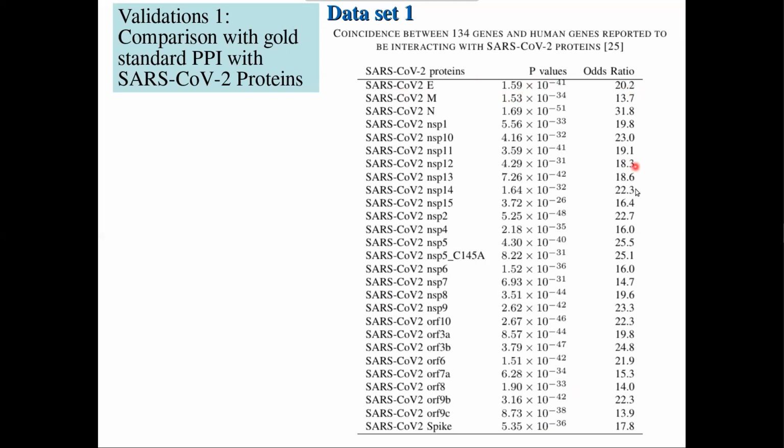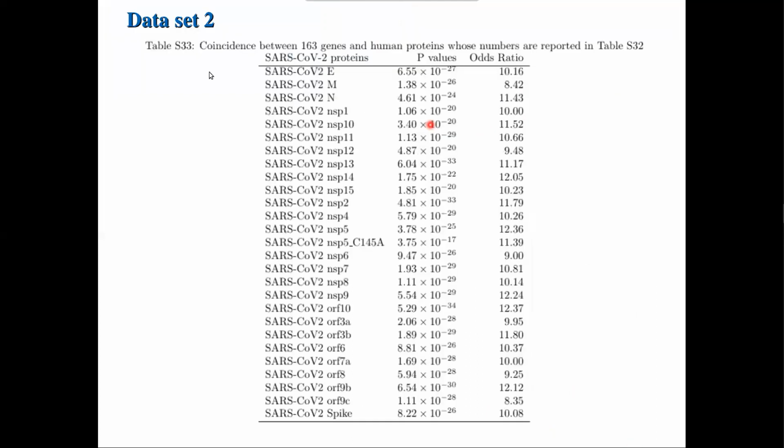And this is the odds ratio. You can see the odds ratio is very large. For dataset 2, we have also found all SARS-CoV-2 proteins are significantly interacting with the genes we have selected. So again, the odds ratio is very high.